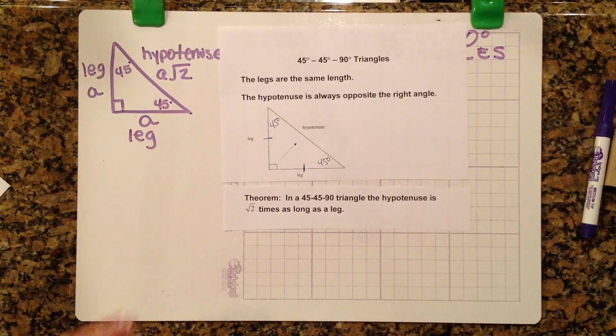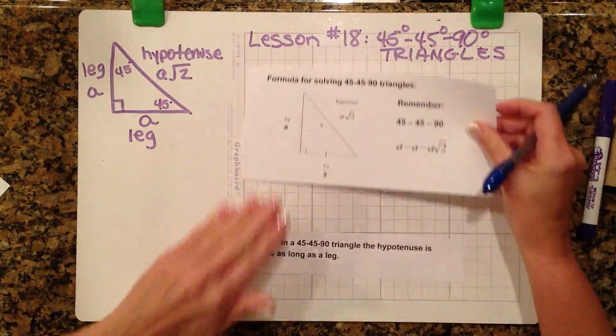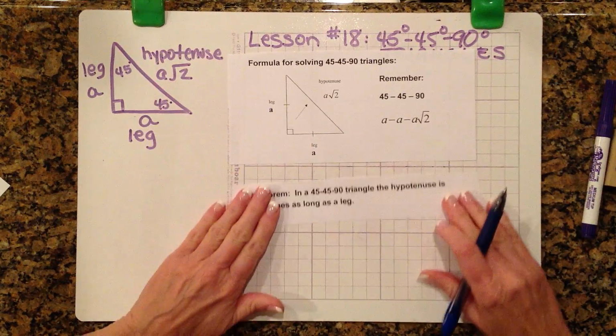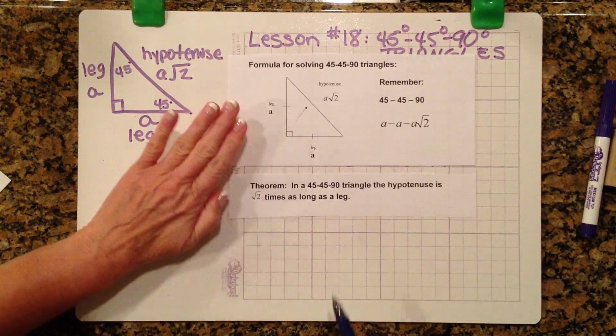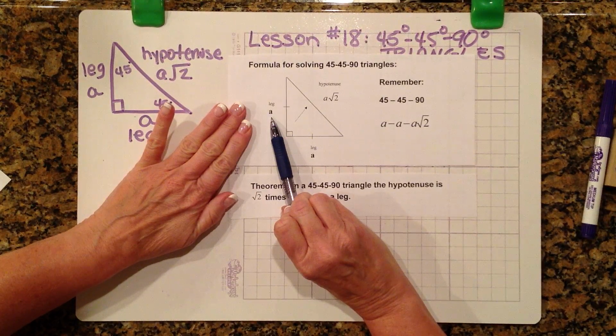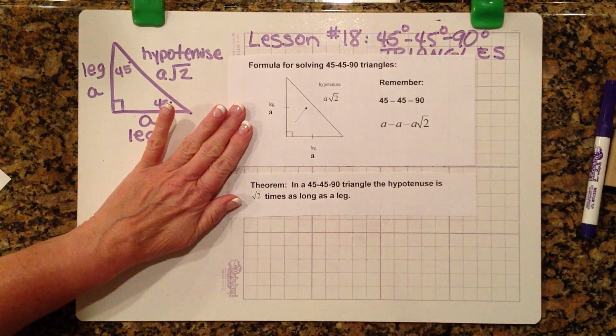So with that in mind, let's look at a formula. This is a formula for solving a 45, 45, 90 degree triangle: A square root of 2, and that's it.